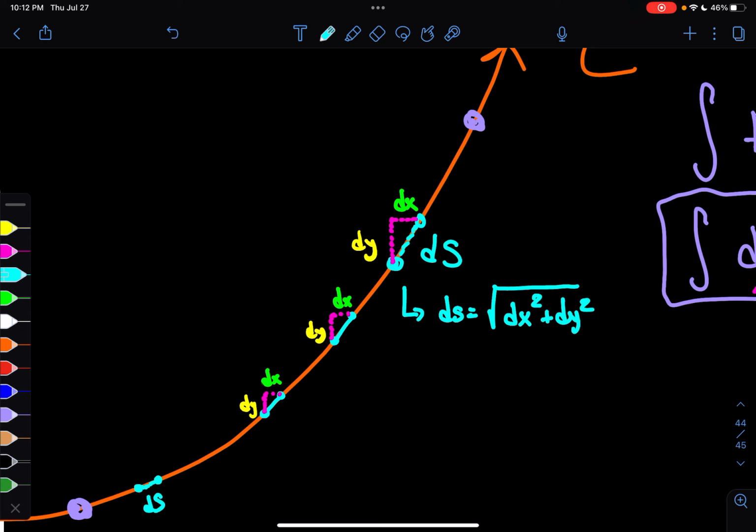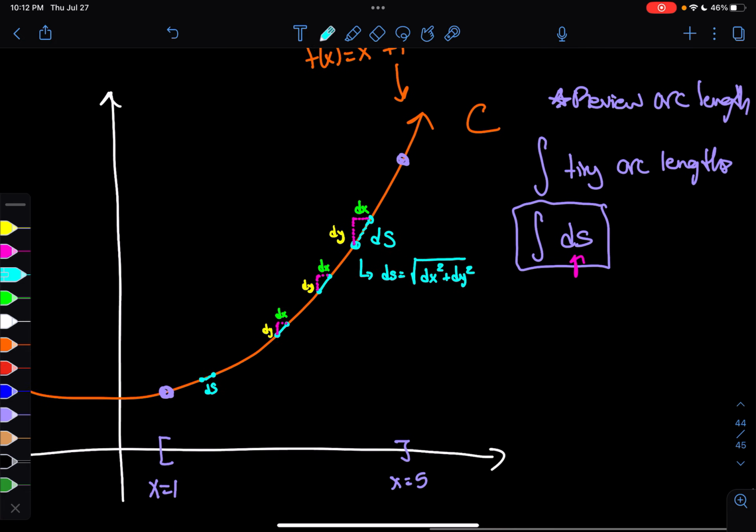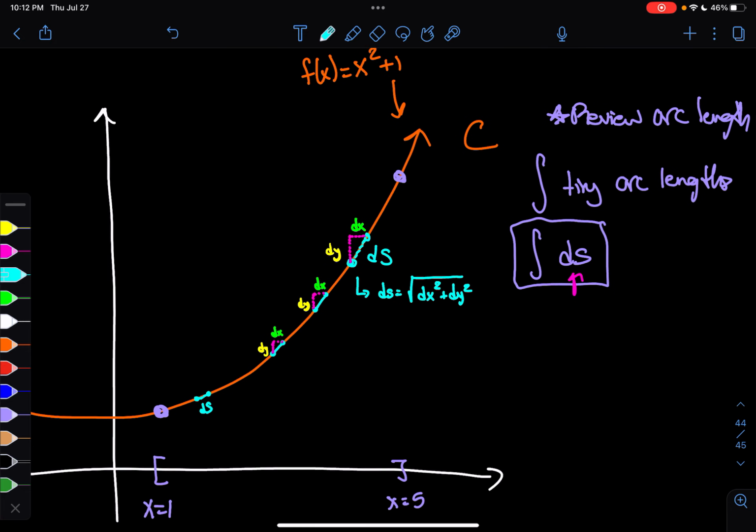So this really small change in arc length, we could turn into some terms that we knew about, and we said, okay, if I wanted to calculate the arc length of this path C, all I needed to do was do the integral of the square root of dx squared plus dy squared.